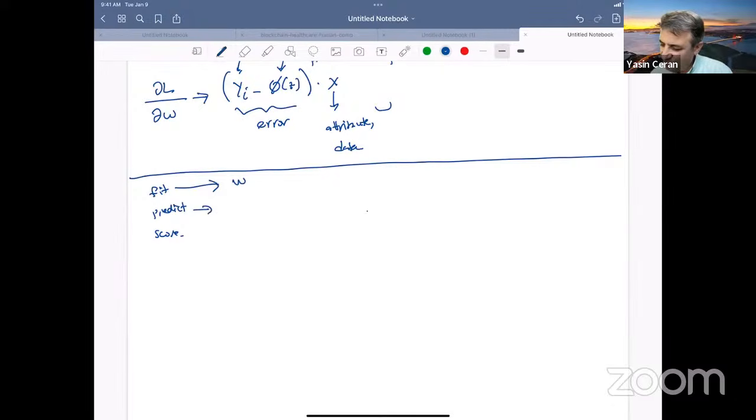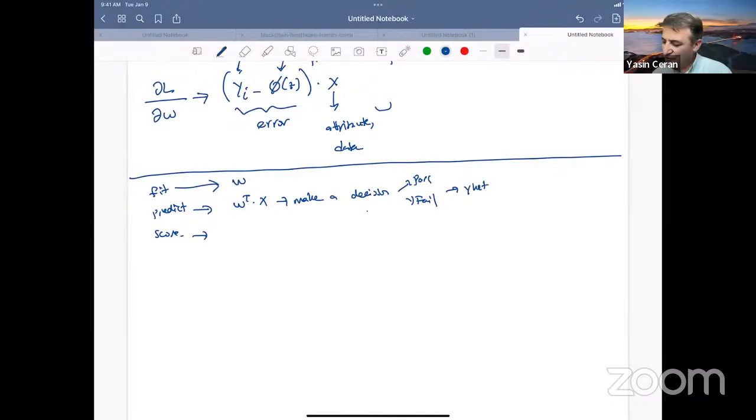Predict takes these W's, multiplies them by the attributes of a new data point, and then makes a decision: pass or fail. This decision is y hat, your prediction.